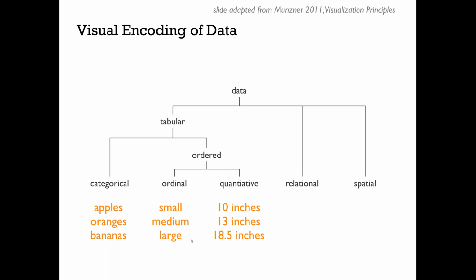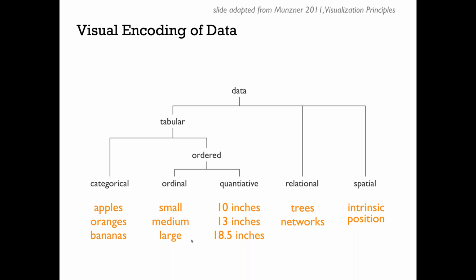Additionally, we have relational data. That means links, such as networks or trees, between different types of entities. And we also have spatial data. Spatial data is data that comes with an intrinsic position within space, whether that's absolute or relative, doesn't really matter. You can imagine, for example, the locations of atoms in a protein structure. MRI data is spatial data, and X-ray data is spatial data.